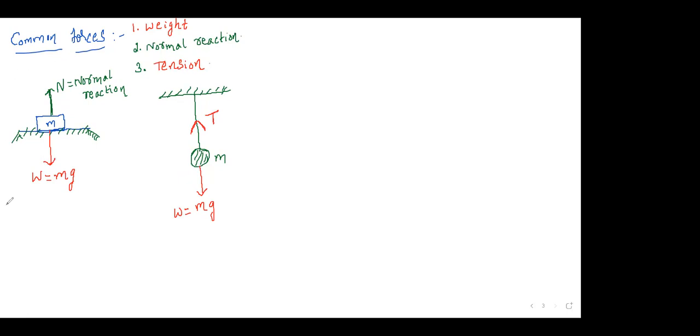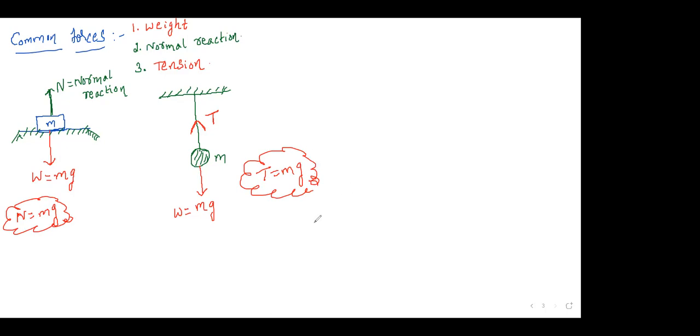In the first case, normal reaction is equal to mg. In this case, tension is equal to mg. So what are the common forces we are talking about, students? One is weight, the second one is normal reaction, the third one is the tension.